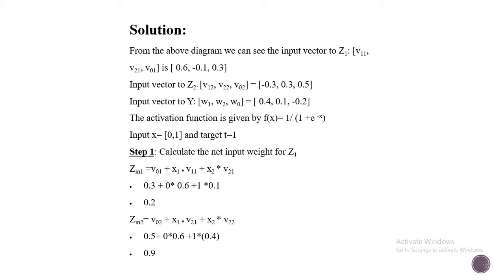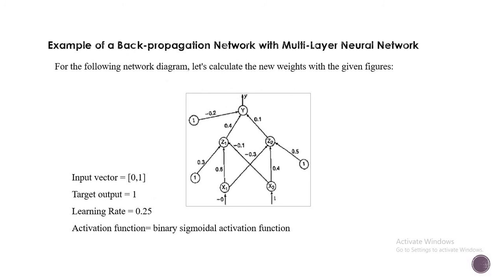0.6, minus 0.1, 0.3. The input vector to Z2, V12, V22, V02, is minus 0.3, 0.4 and 0.5. Here we can see all the weights in this figure.